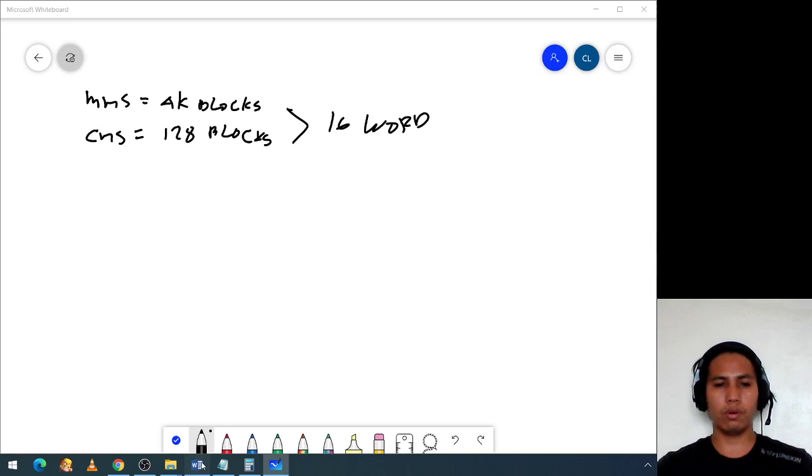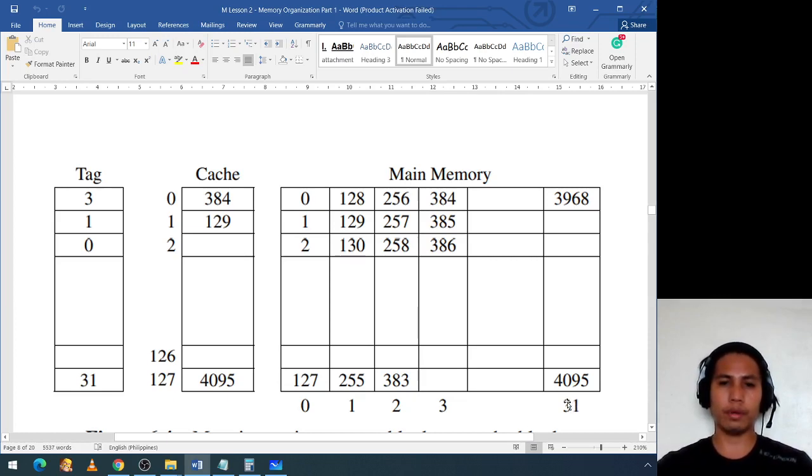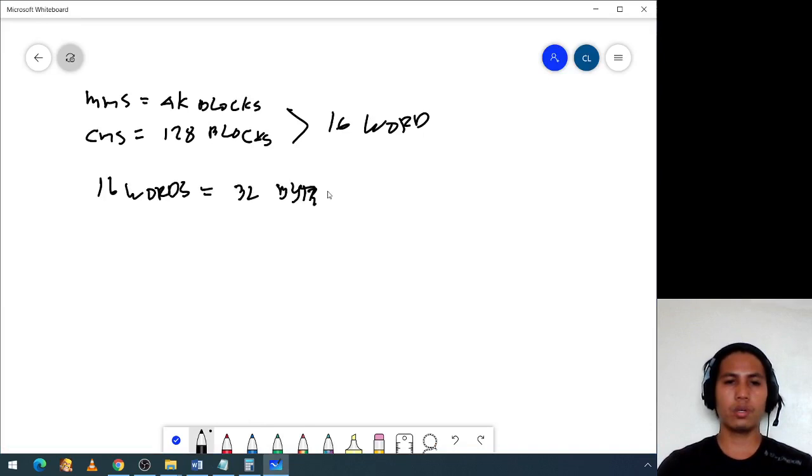So, just to illustrate, yung 16 words po natin is actually equivalent to 32 bytes. So, that is 0 to 31. Okay? Just to remind you, 16 words is equivalent to 32 bytes. So that is from index 0 to 31.